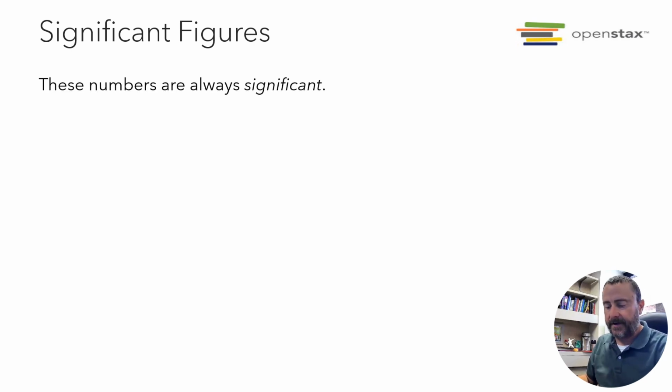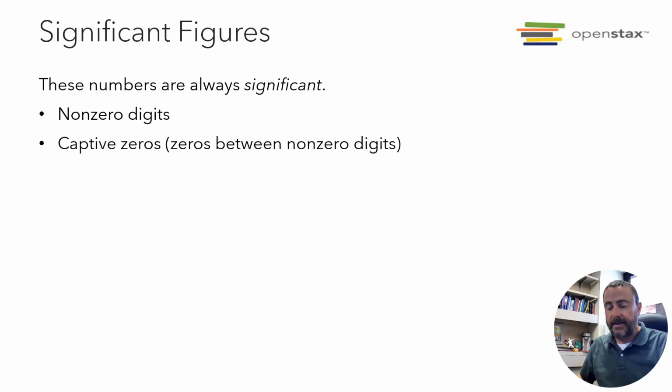Okay, so significant figures. Certain numbers are always significant. Any non-zero values are always significant, so the numbers 1, 2, 3, 4, 5, etc. Those are always significant. So if you see those in a reported value, we have to report those as being significant.